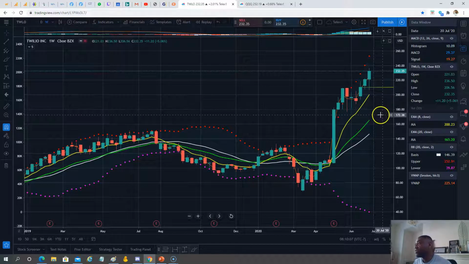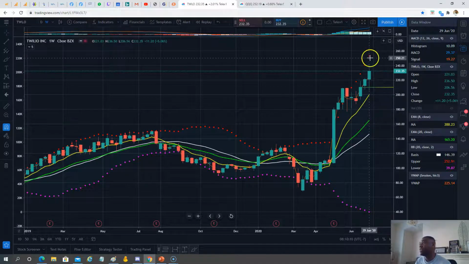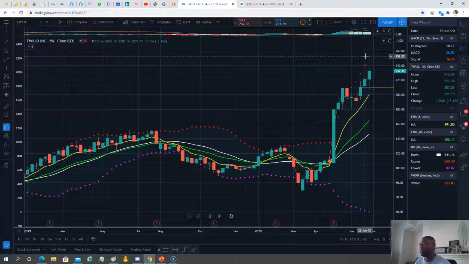So conservatively, if we take 15 points, let's go for 18, folks. Let's leave a little. So if they want the momentum to continue, we're going to go 250 calls, and then from here we can go lower to 220 puts. That's what we do.